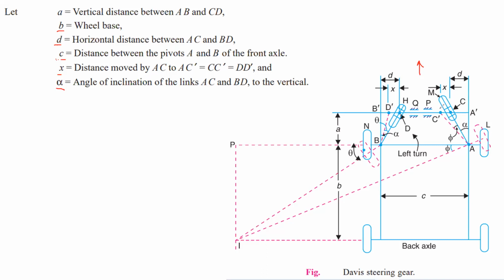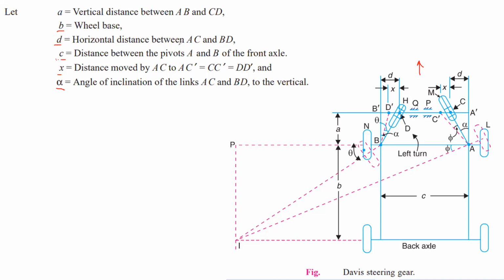When vehicle is moving straight it is called alpha, and it is the same for both the slotted link AM as well as BH. So alpha is same when vehicle is moving straight. When you take a turn, there will be change in this inclination of the links BH and AC, as one can see.